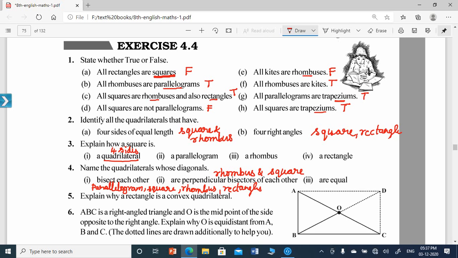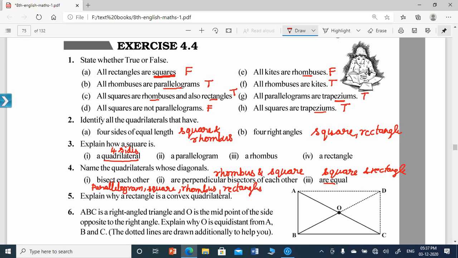In which quadrilaterals diagonals are equal? In square and rectangle, diagonals are equal. Now, fifth one, explain why a rectangle is a convex quadrilateral. What is the meaning of convex quadrilateral?